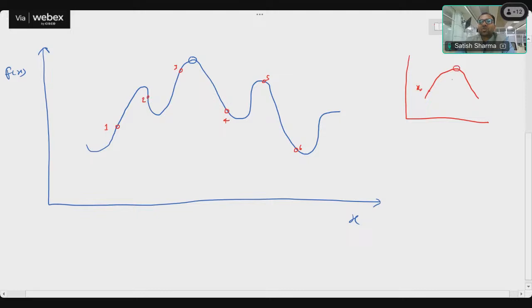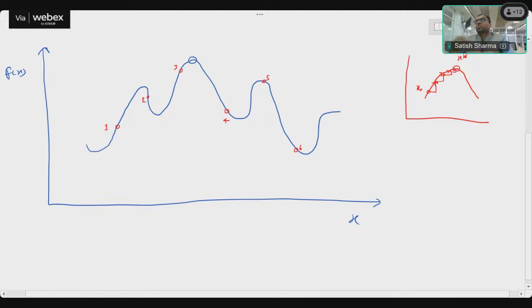So this is x naught, this is x star. A simple optimization problem is basically that we want to move this value in the direction of the objective function. We will have some step size, r and x. This will be one step, then another step, another step, and we will move it up to this part.